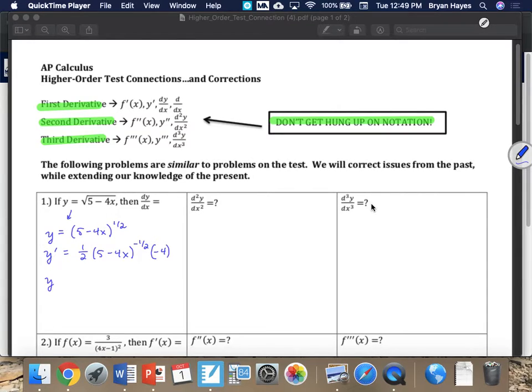To clean this up, we would have 1/2 of negative 4 is negative 2 times 5 minus 4x to the negative 1/2. And if we wanted to give the derivative, our final answer in a simplified version, would be negative 2 over the square root of 5 take away 4x. There's our final representation of our first derivative.